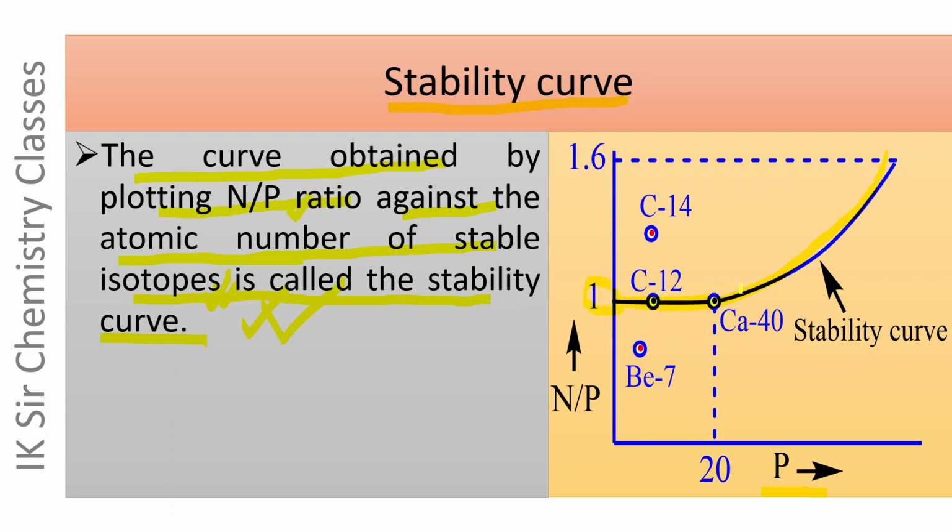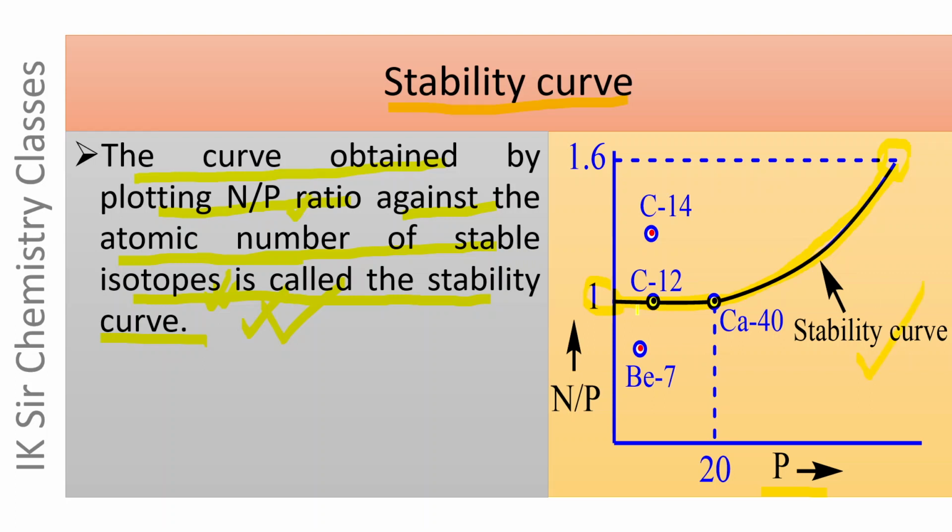After atomic number 20, the N by P ratio goes on increasing slowly, and its maximum value is equal to 1.6 in the case of U-238, whose nucleus becomes so large that it undergoes spontaneous fission. This curve is called a stability curve.